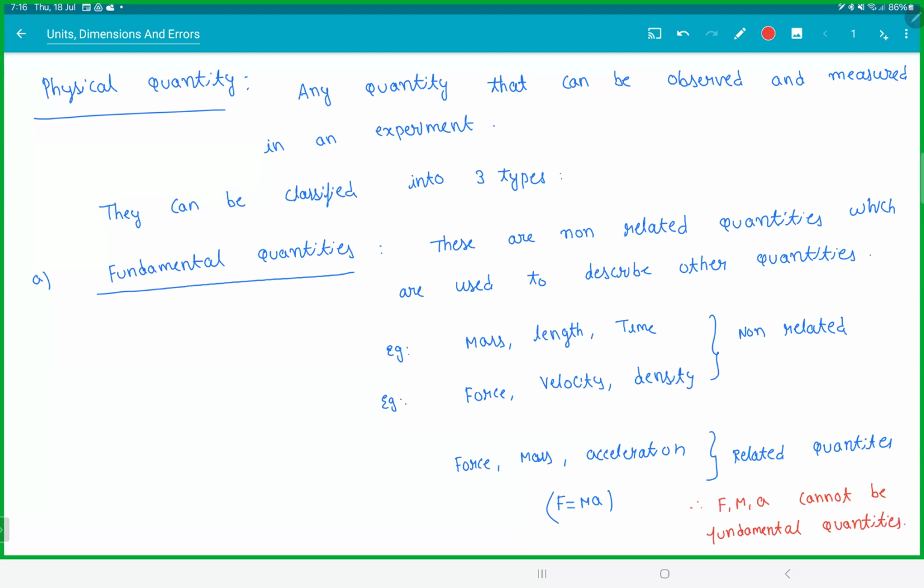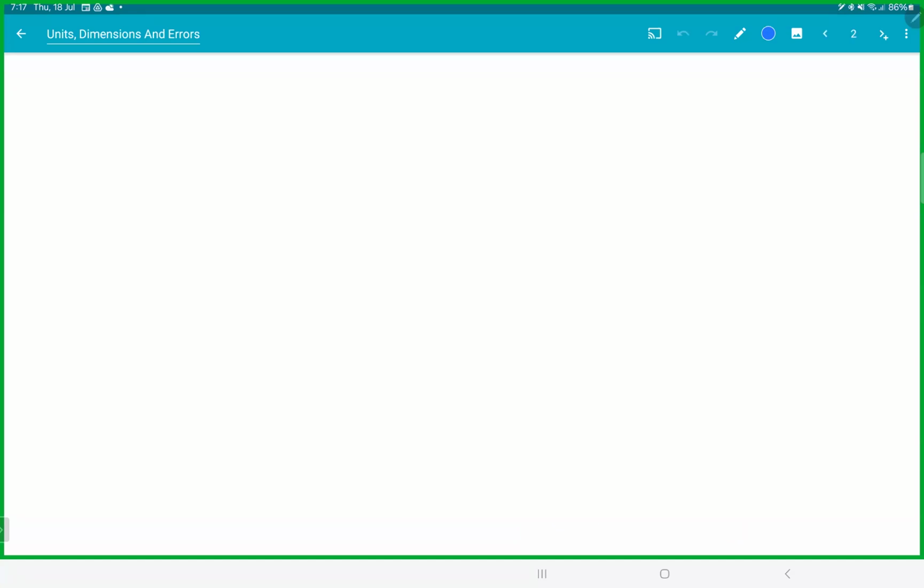So people sat down and said, let's all finalize on something common, because some guy says we want kg, some guy says we want pound. At the end of the day, they decided, or figured out, that we needed 7 fundamental quantities. We have chosen 7 fundamental quantities.